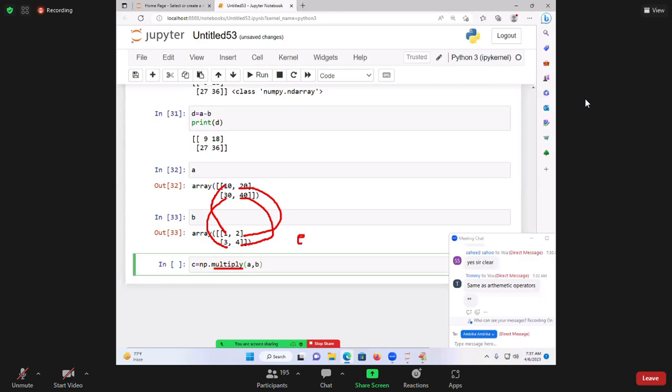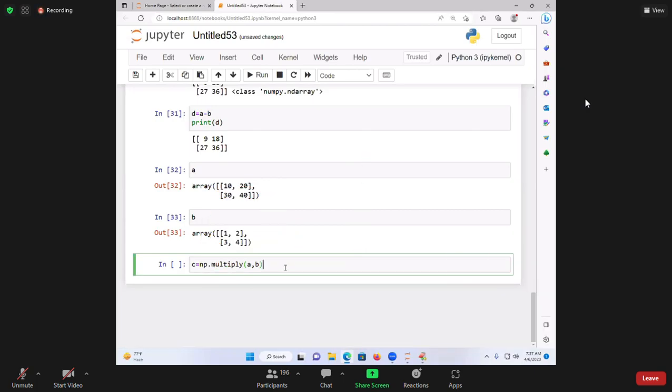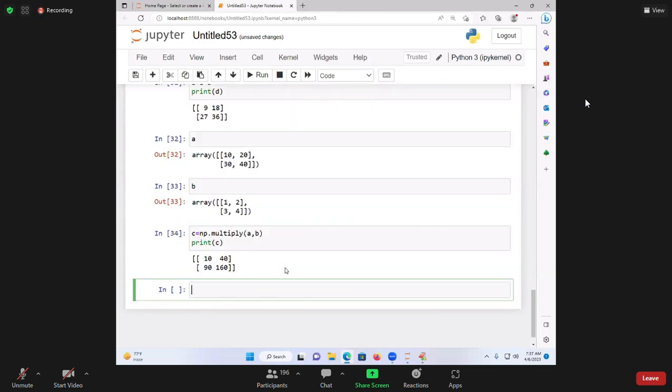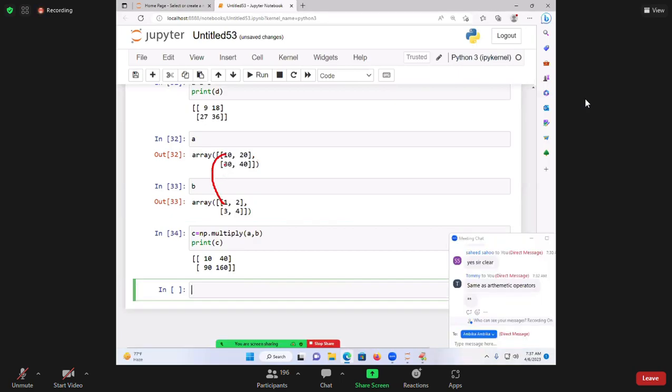This is called element-wise multiplication, but actual matrix multiplication is different. Now I will show you that also. So first you understand this mechanism, students. This is called element-wise multiplication: 10 into 1, 20 into 2, 30 into 3, 40 into 4.